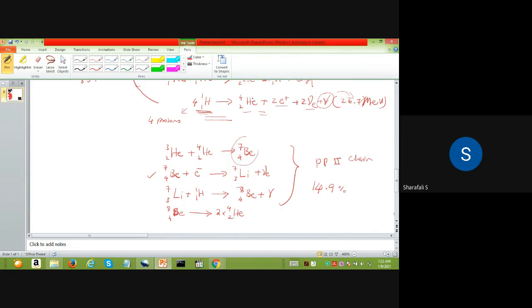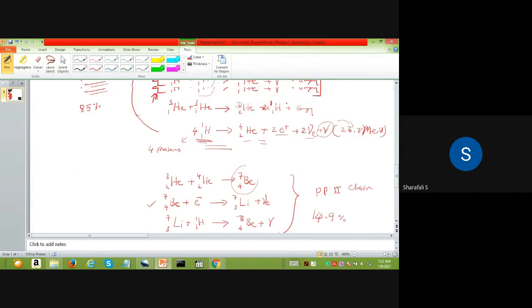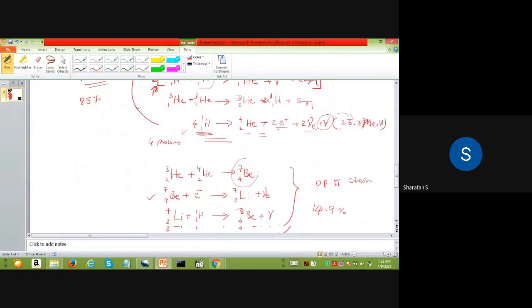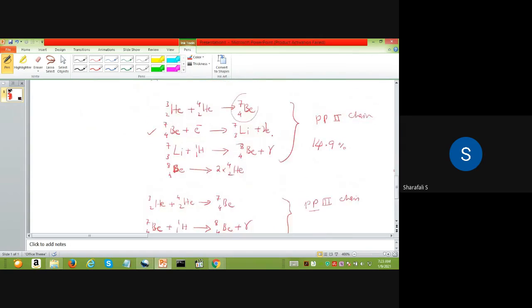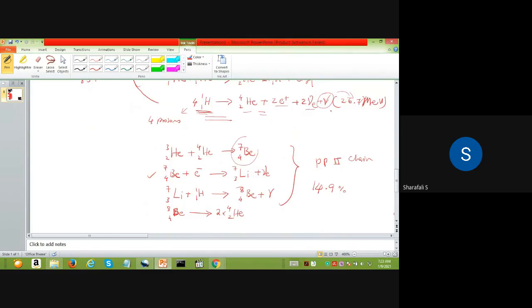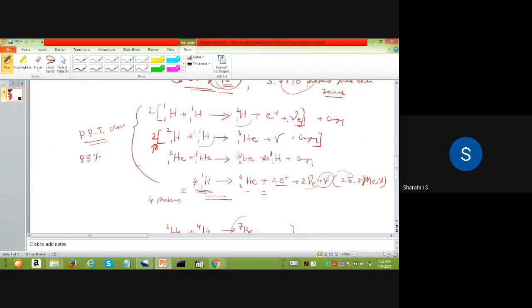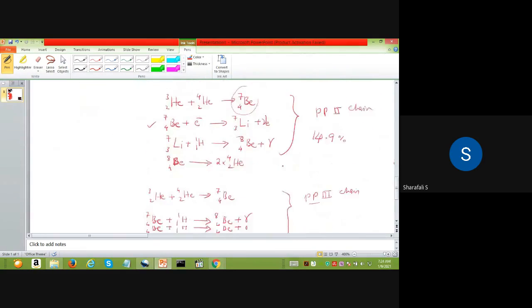Then 2e+ will be there, because first this reaction should happen, and only then do we get that helium-3. This reaction and this reaction will happen. So I will have 2e+, and that gamma also in all these reactions. These 2e+ and gamma will be there, and the 2 electron neutrinos, which are also generated in this process, will also be there in all these reactions.